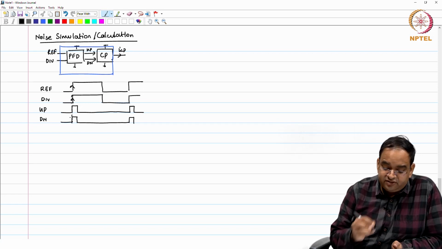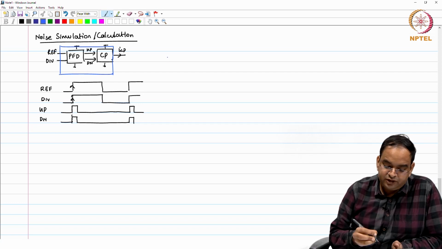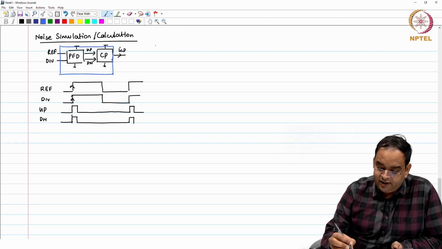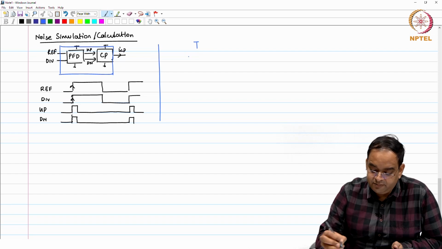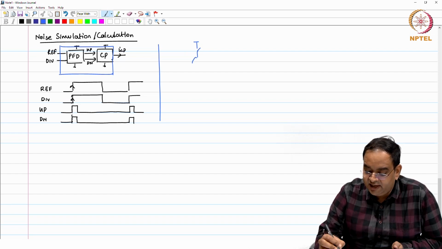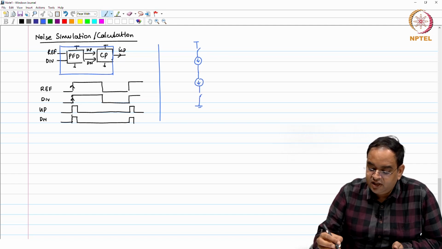Now, in your charge pump, the model which we have chosen so far is that you have current sources, forget about how up and down are going to be interfaced in the end. You have current sources, both top and bottom, and these current sources are also realized using MOSFETs, by the way.